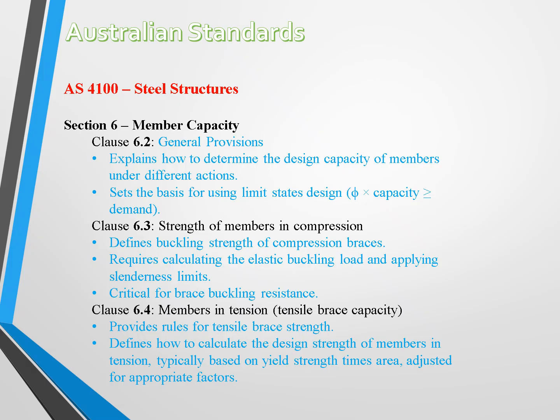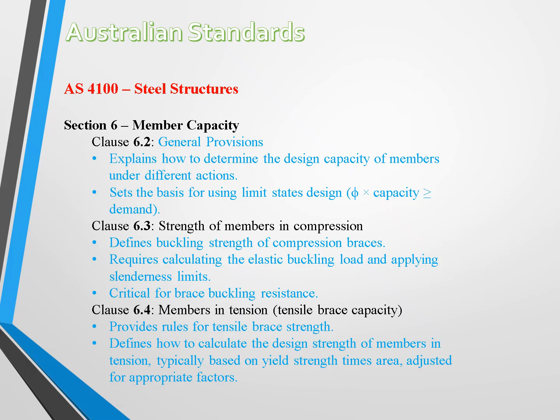It means phi multiplied by capacity, which is the factored capacity, should be higher than demand to be on the safe side. Clause 6.3, strength of members in compression, defines the buckling strength of compression braces, and requires calculating the elastic buckling load and applying the slenderness limit. It is also critical for brace buckling resistance.